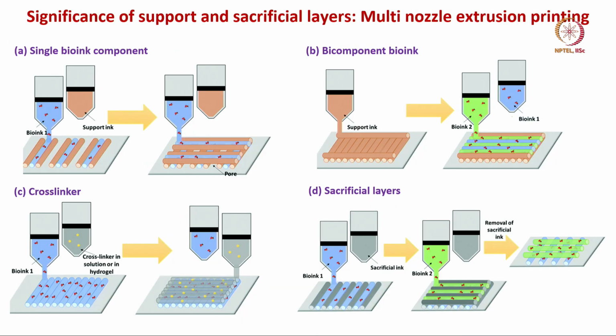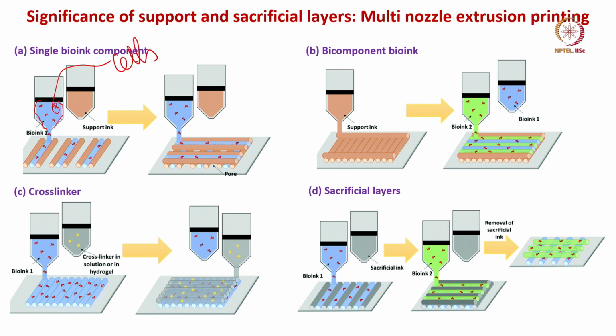Now other aspects in 3D printing or 3D bioprinting can be, one is the single bioink component. So single bioink component essentially means that you have a hydrogel ink and it will contain the cells.